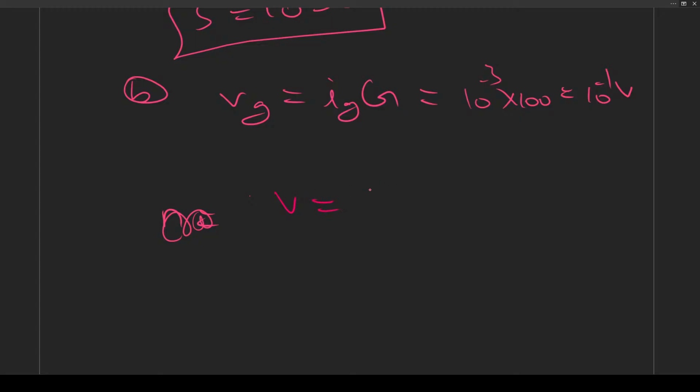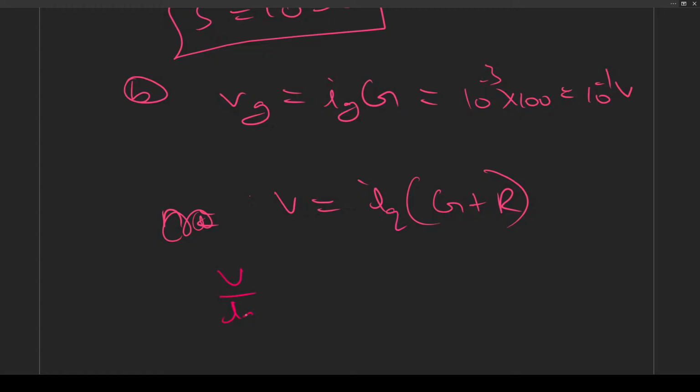So V is equal to I, which will remain constant, times G plus R. This is Ig.